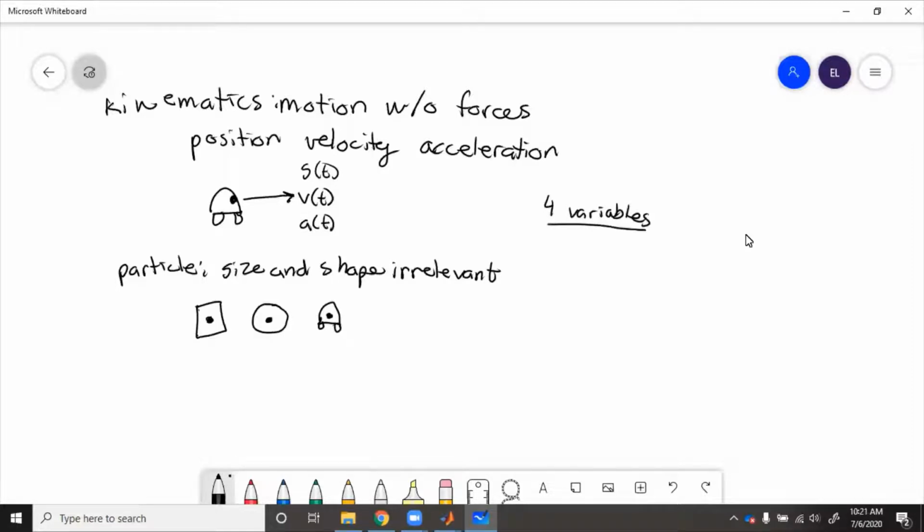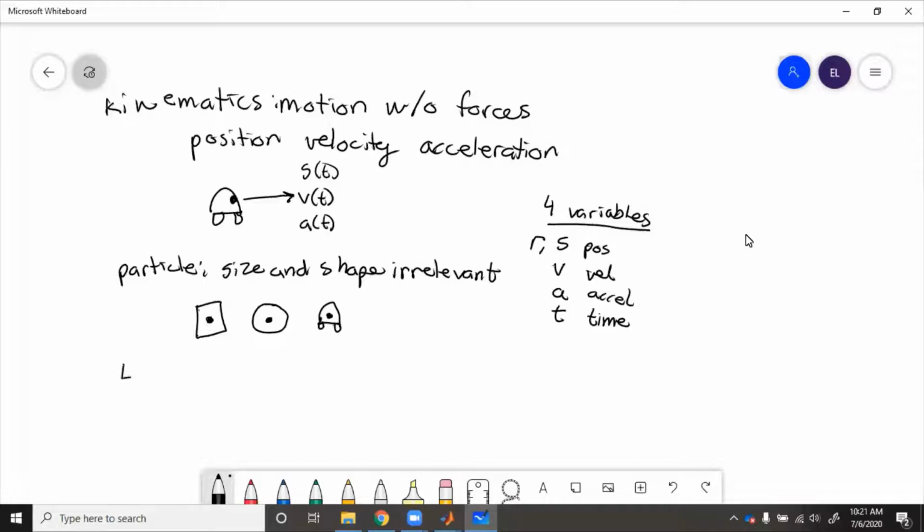The four variables that we're going to deal with are going to be position, velocity, acceleration, and time. Sometimes S is, or the variable R, is used instead of S. But there are four equations that can relate all of these to each other. And so basically you just have to pick which equation to use.